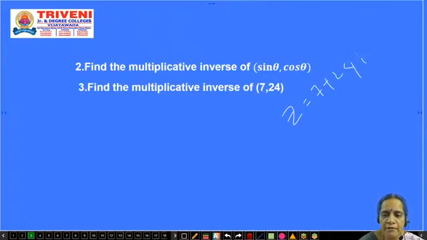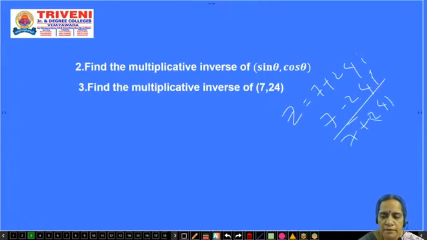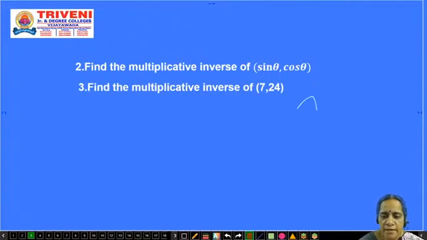The multiplicative inverse is 7 minus 24i by 7 square plus 24 square. What do we write in the denominator? 7 minus 24i by 49 plus 576. The denominator becomes 625. So 7 minus 24i by 625. This is the multiplicative inverse problem.